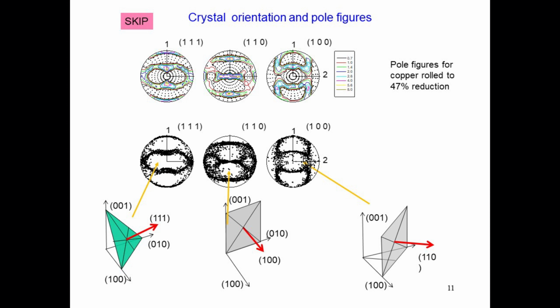The problem is that I said there are three 100 planes in the cubic crystal, so each of the grains will give you 3 points. But if you look at 1 point here, you cannot tell where the other 2 points of this grain are.